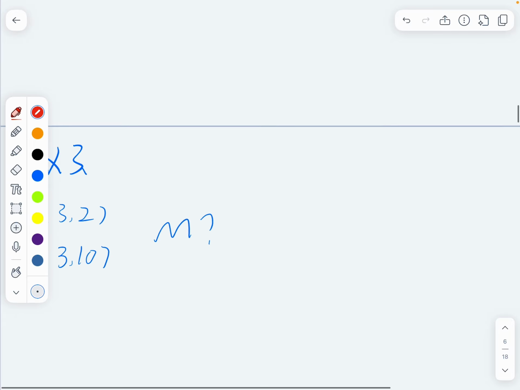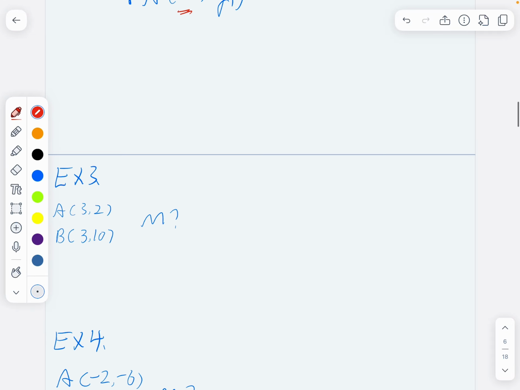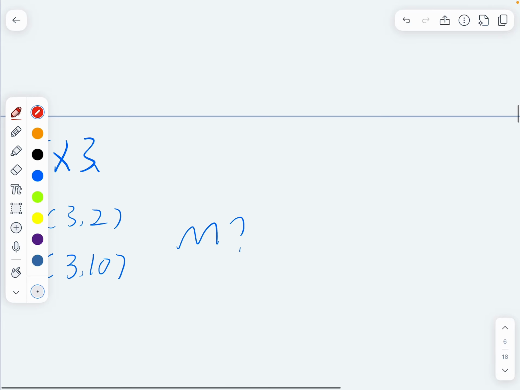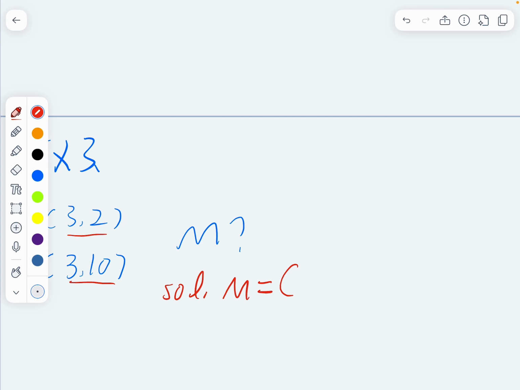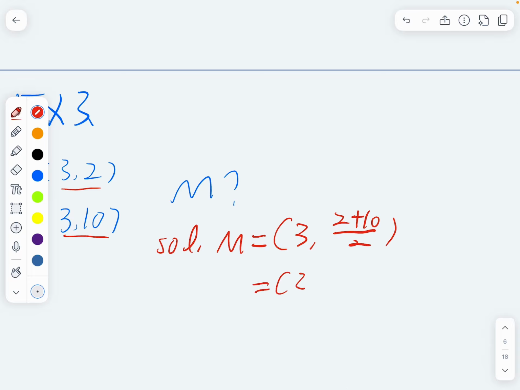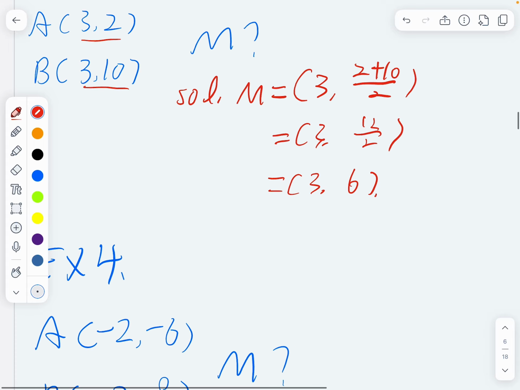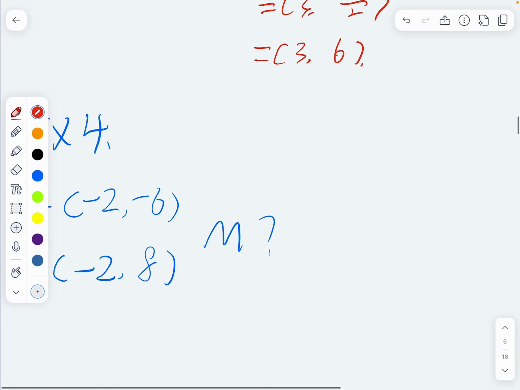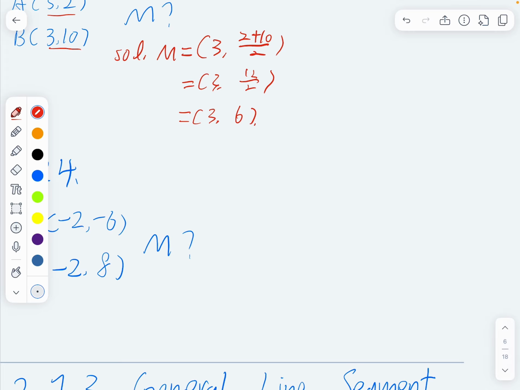Okay, now let's find the first question. A is (3, 2) and B is (3, 10), right? So M has the same x value, and to calculate the y, we do (2 plus 10) over 2, which is 12 over 2, that is 6. So M is (3, 6). The second one is (negative 2, negative 6) and (negative 2, 8).